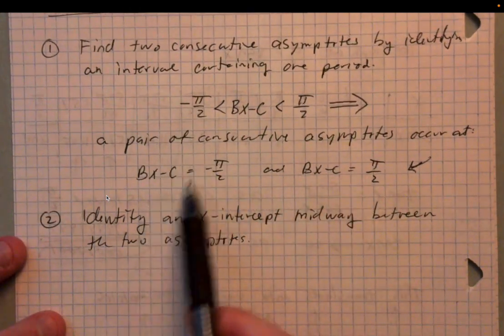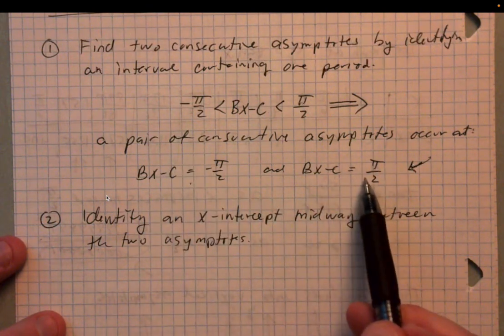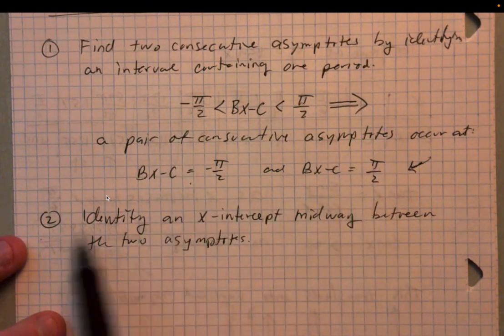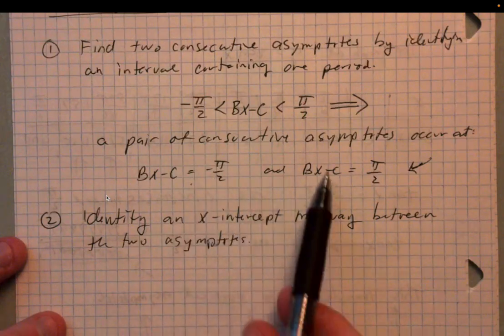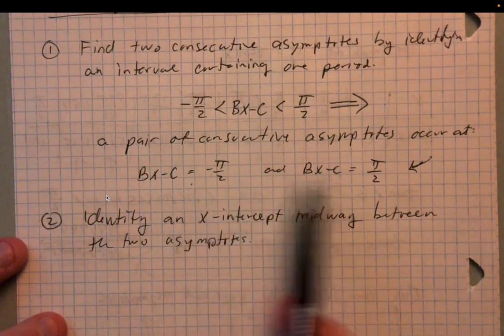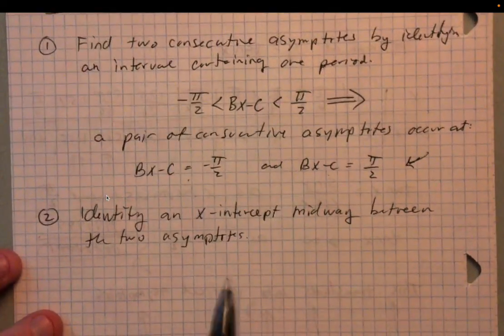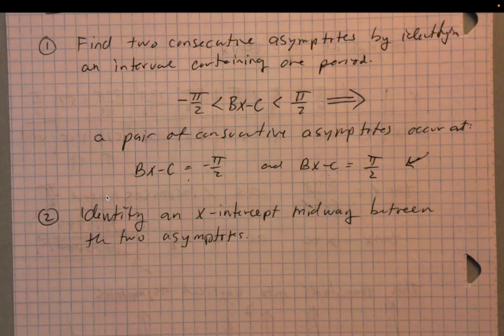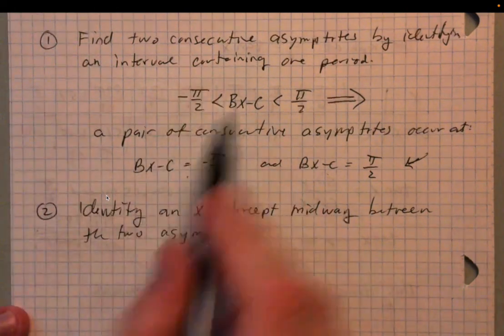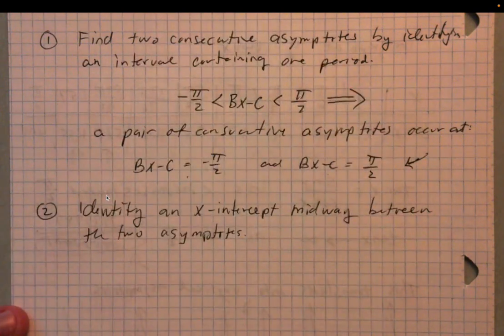So you'll have maybe negative pi over 2 here and then pi over 2 here, and then this step 2 is just what's the point that's right in the middle of those two values. That's easy enough to find. You just add them together and divide by 2. We'll do a concrete example in a second. I want to get the steps down first.